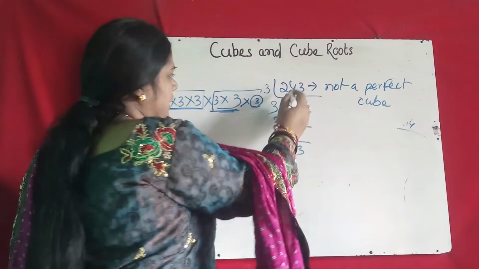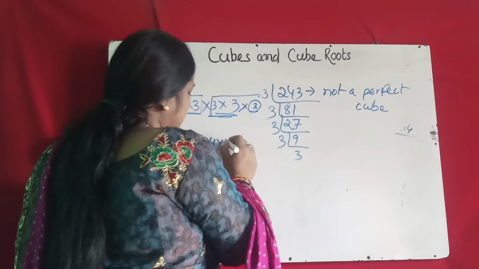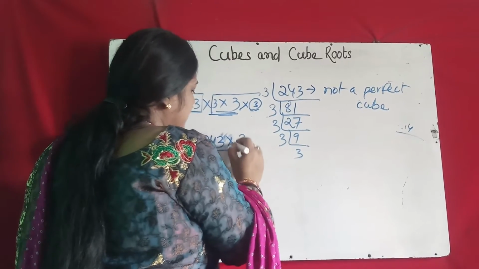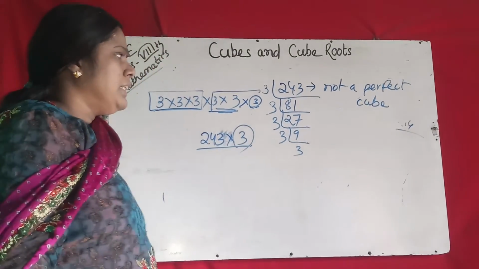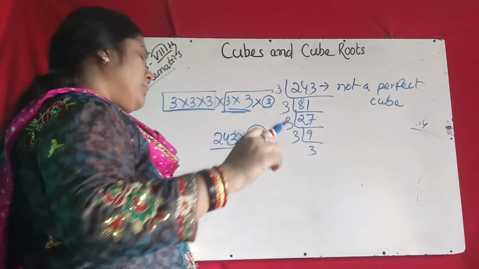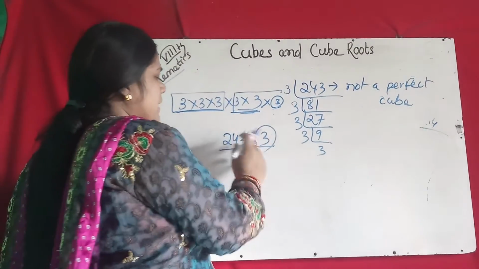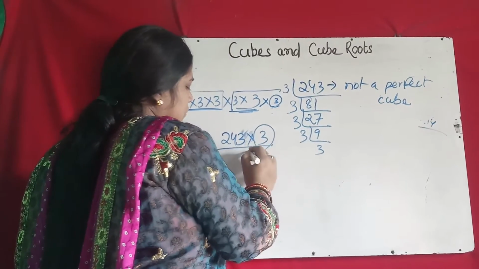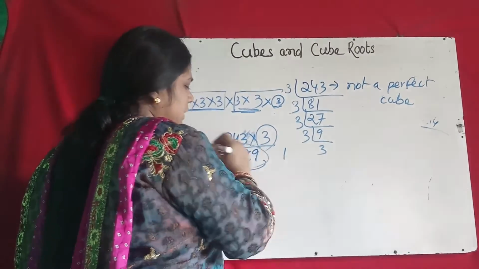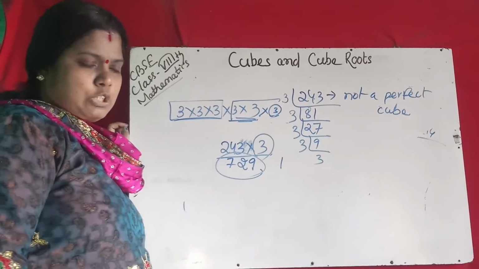So you multiply 243 by 3. The minimum number you must multiply with is 3 to get a perfect cube. 3 threes are 9, 3 fours are 12, 3 twos are 6 and 7, so 729 is a perfect cube.